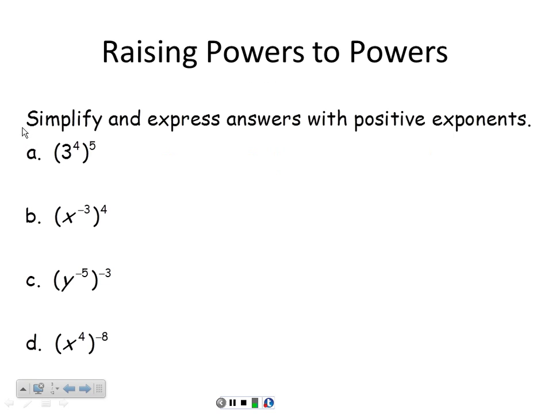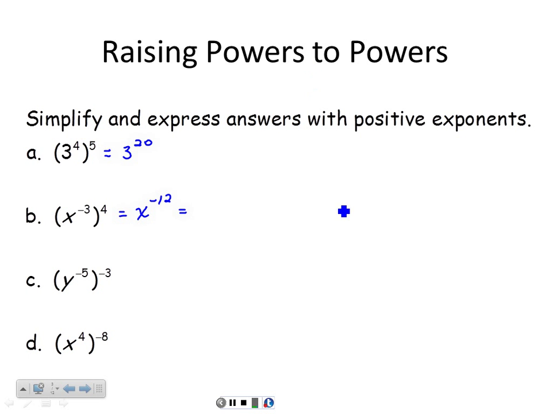So here, if I have 3 to the 4th raised to the 5th, keep the base the same, and you're going to have 3 to the 20th power. Here, same thing, keep the base the same, power to a power, negative 3 times 4 is going to be negative 12. Well, in the last section, we learned that when you have a negative exponent, you have to fix it, and your answer needs to be with positive exponents only.